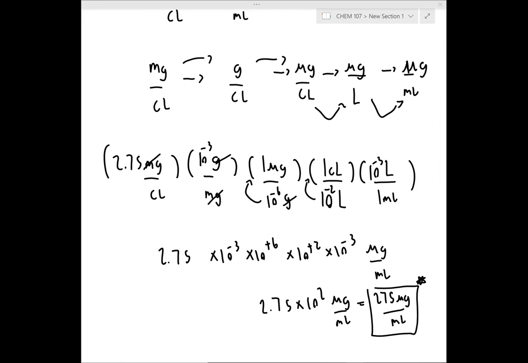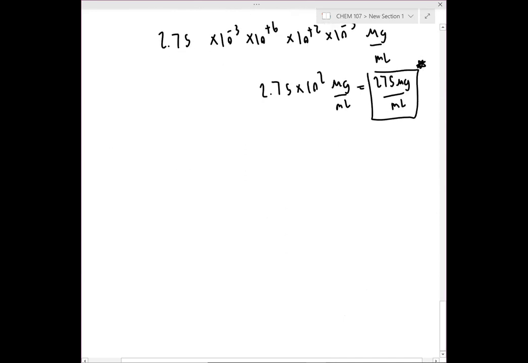So for question 43, I'm just going to open up the table for question 43. We're asked to draw the Lewis structure and assess the molecular geometry for a range of compounds. So let's start on that. Let's look first at CClF3.